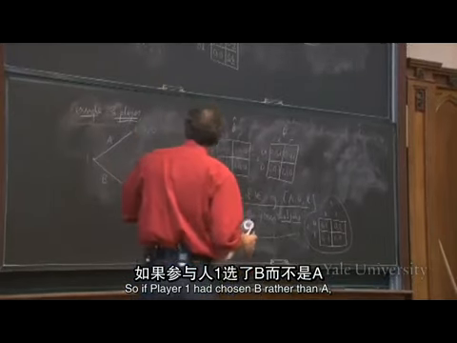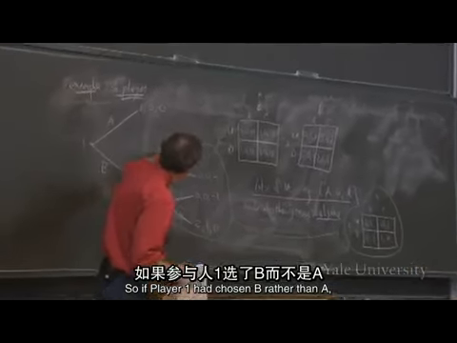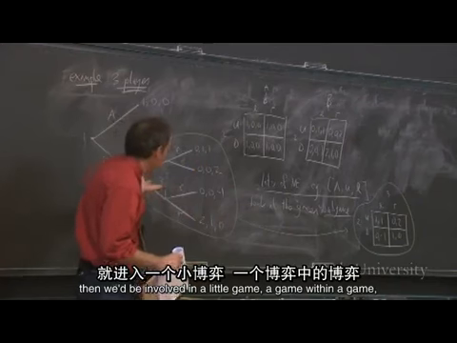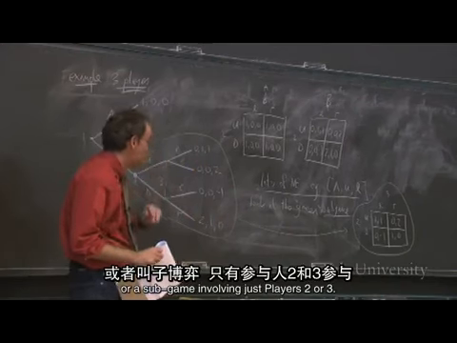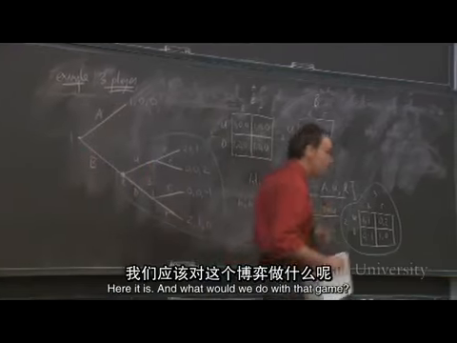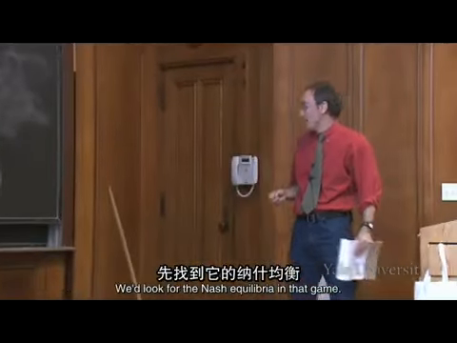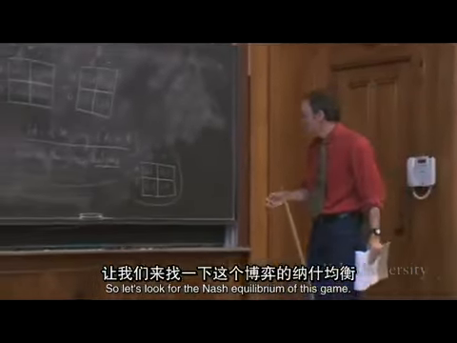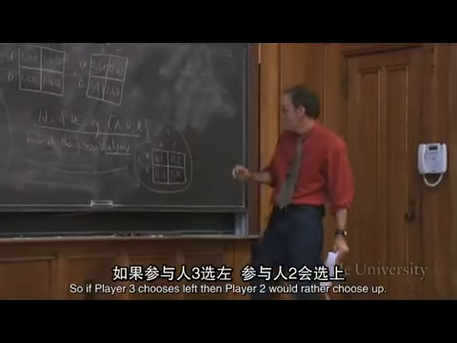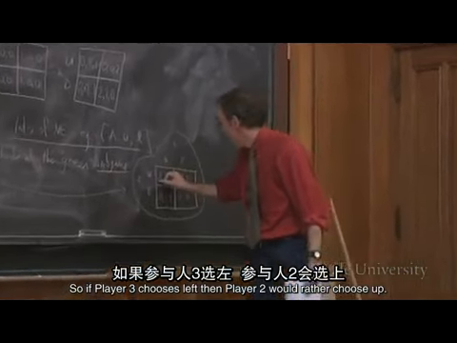So if player 1 had chosen B rather than A, then we'd be involved in a little game, a game within a game, or a subgame involving just players 2 and 3, and we can analyze that game. That's a straightforward game. What would we do with that game? We'd look for the Nash equilibrium in that game. So what do we notice? If player 3 chooses left, then player 2 would rather choose up.